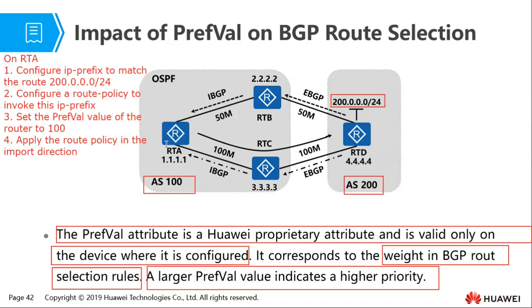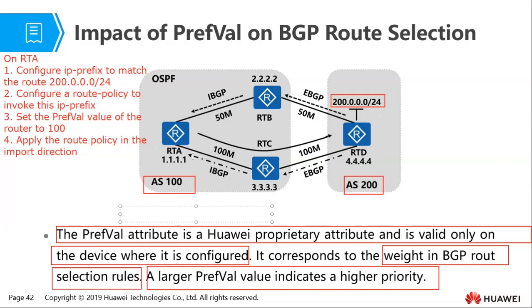Once this has been configured, this route that has been configured with a larger preference value is going to be selected as the optimal path, and therefore these packets are going to pass through RTC to reach this network.